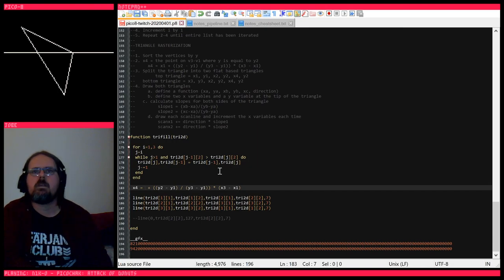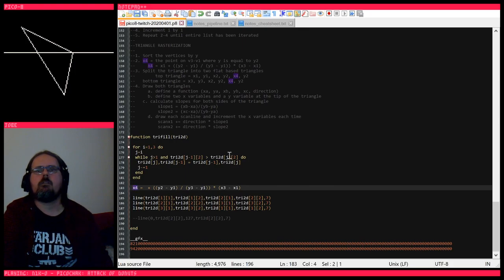So this is going to be like our fourth vertex of the triangle, kinda.